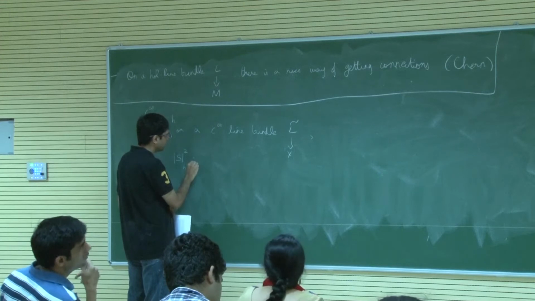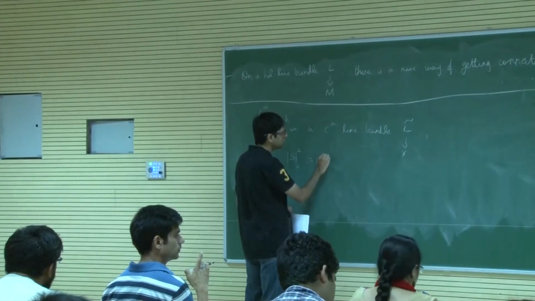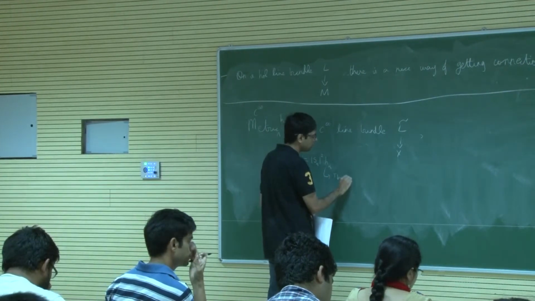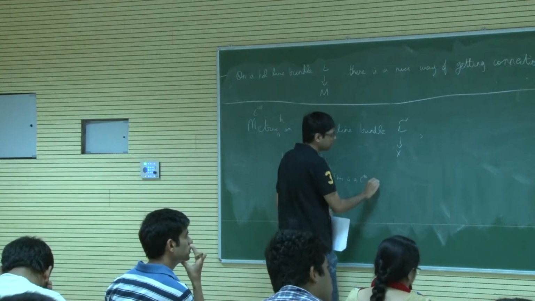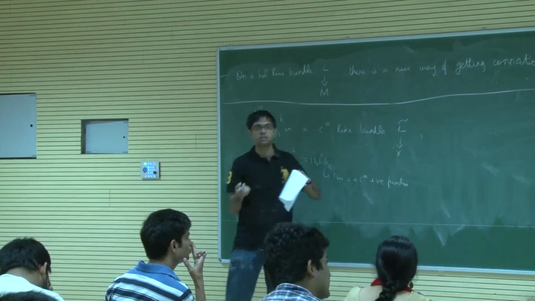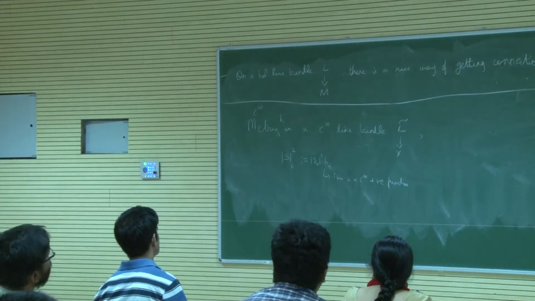Well, at every point, I would want to define it like this, where this is a smooth positive function. At every point, how do I measure the length of a vector? Take the usual Euclidean length and multiply it by a number, right?